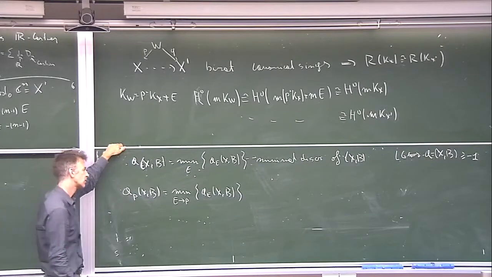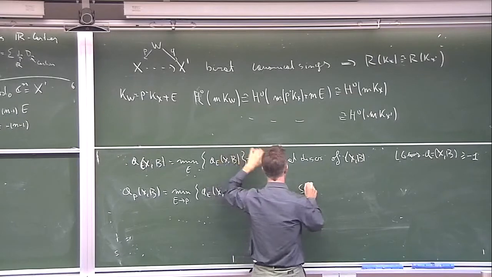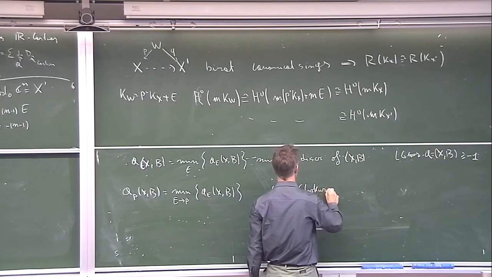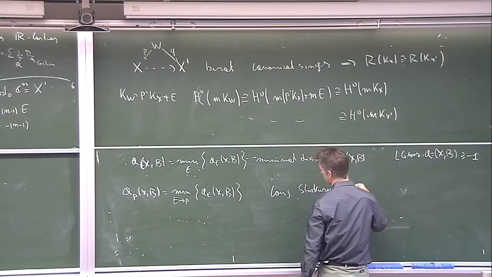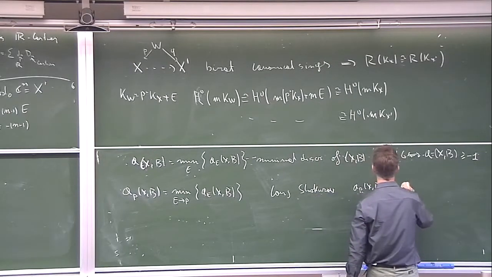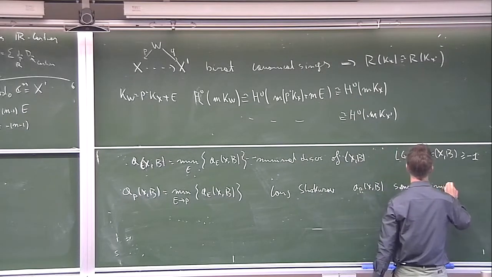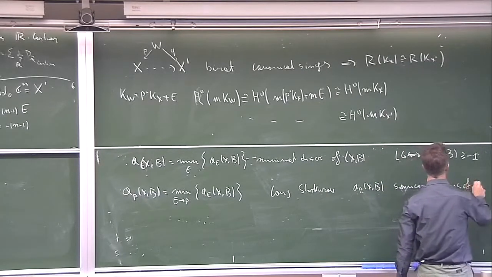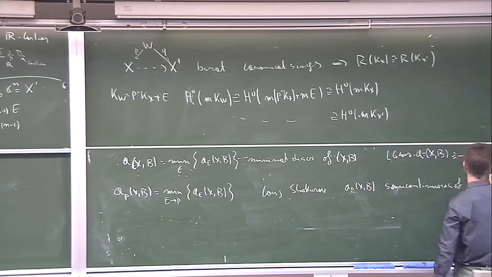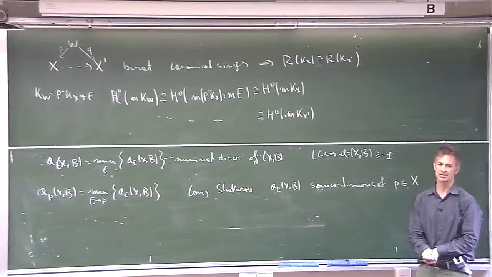And so there's a conjecture by Shokurov that states that a_P(X,B) is a semi-continuous function of P in X. Okay, so now the question is, should it be lower semi-continuous or upper semi-continuous?